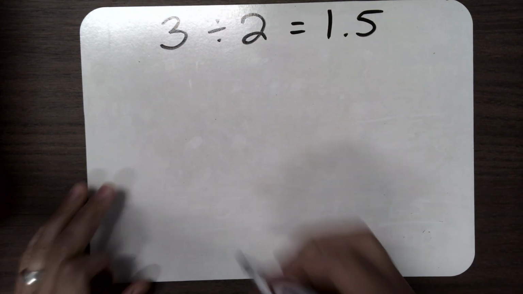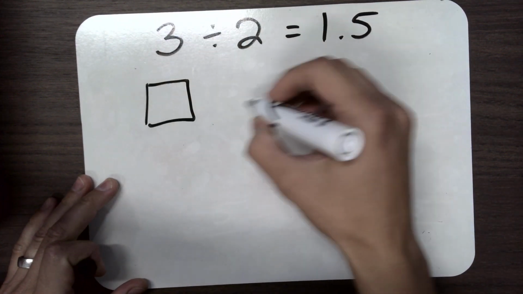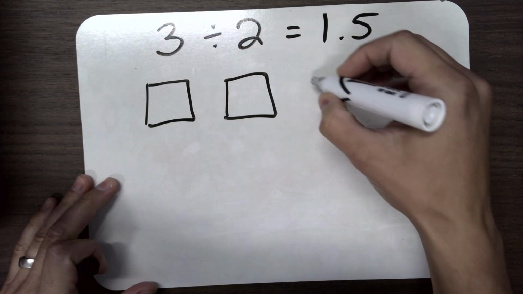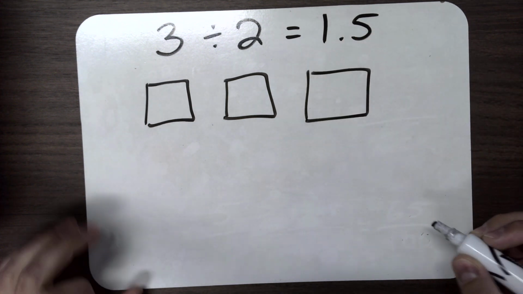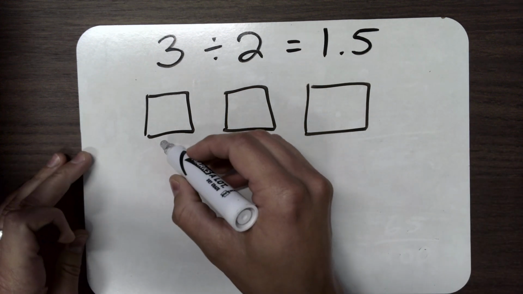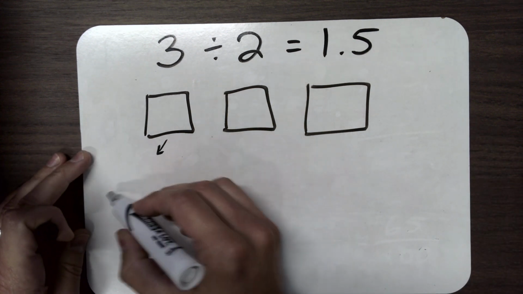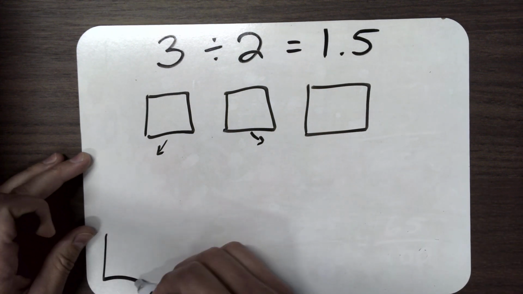Now the representational model. Those are our 3 objects. We're going to divide it into 2 equal groups. So I'm going to send this one to the bottom left-hand corner and this one to the bottom right-hand corner.